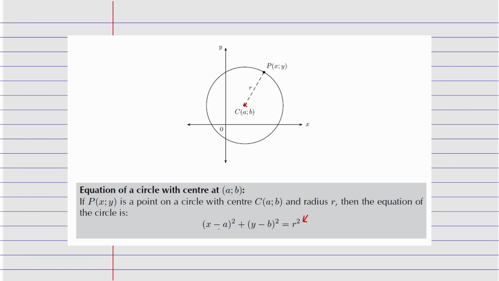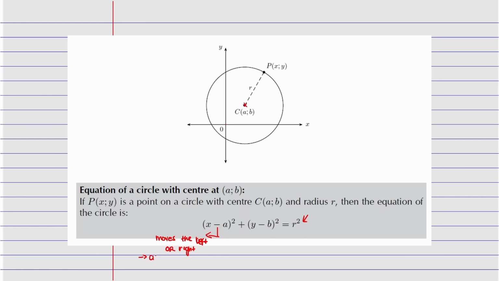This A moves the graph left or right, and it makes sense because it's with X. It's going to act opposite its sign.